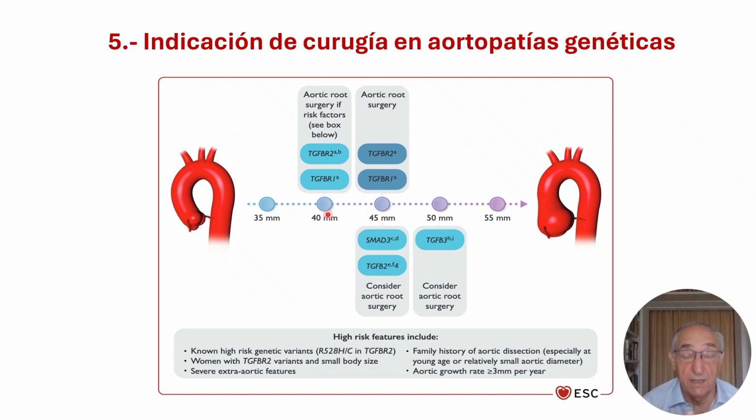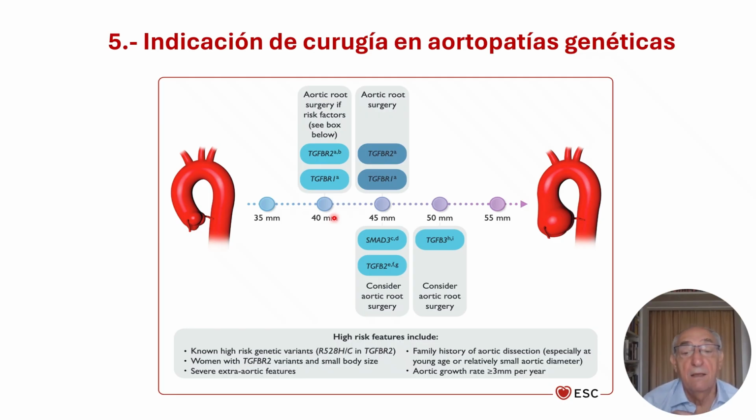When there are specific detectable risk factors, a desire for pregnancy, or certain characteristics that classify the patient as higher risk. But if there are no risks, 50 for Marfan is accepted. For Loeys-Dietz, 45 is accepted. With risk, strong family history, some mutation type, 5 millimeters less: Marfan 45, Loeys-Dietz 40.